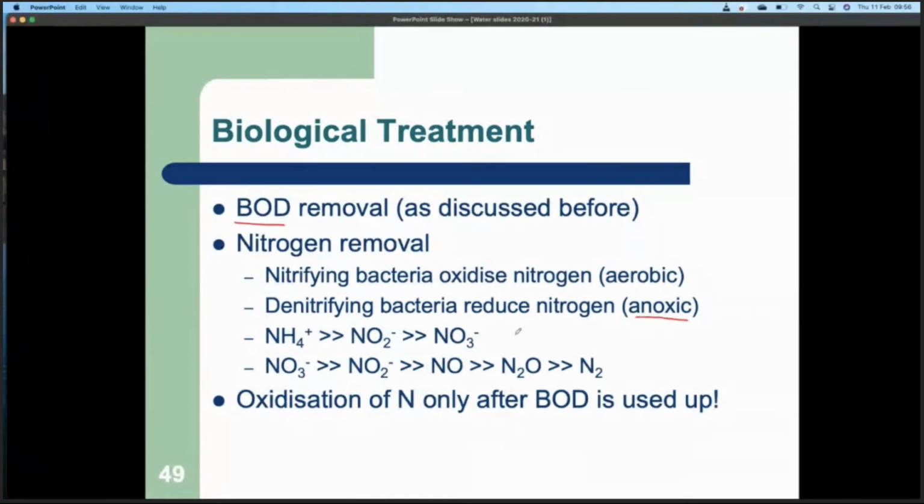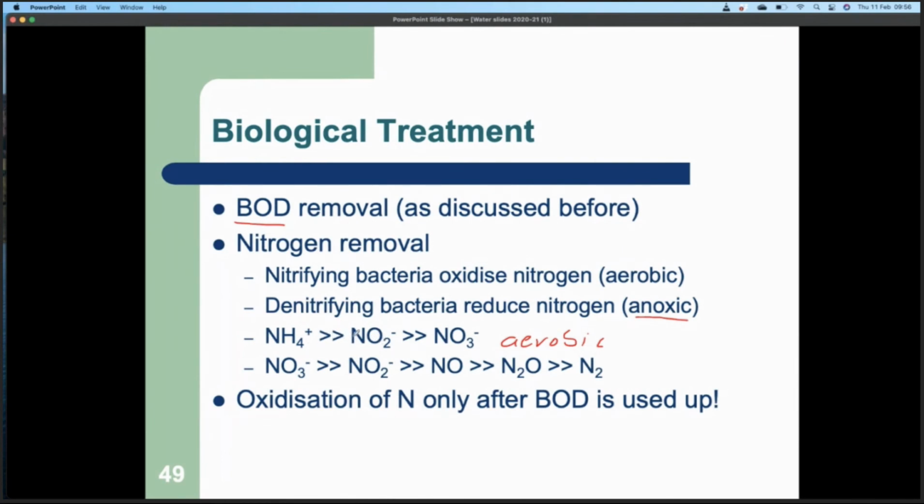So this is the aerobic part. The nitrifying bacteria, because they work on aerobic digestion, as in incineration, if you want, oxidization, they add oxygen to the nitrogen. So NH4 turns into NO2 nitrite with some steps in between.